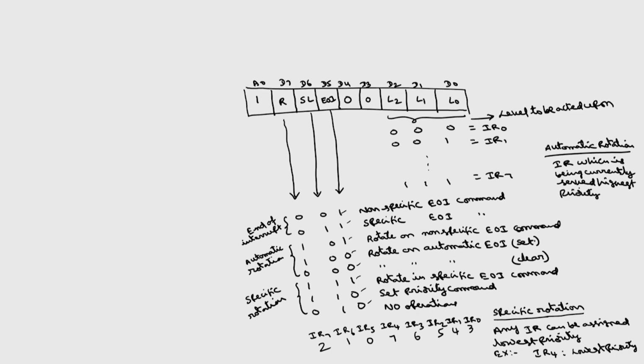Similarly, for example, if IR 7 is currently being served, it will have highest priority 0, then the next, which is 1, will be assigned to this, 2, 3, then 4, 5, 6, 7. This is the difference between automatic rotation and specific rotation.